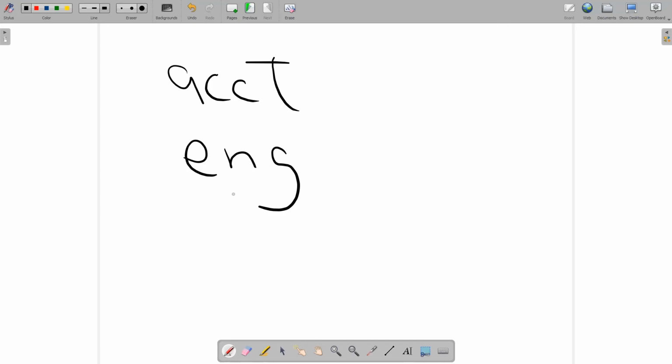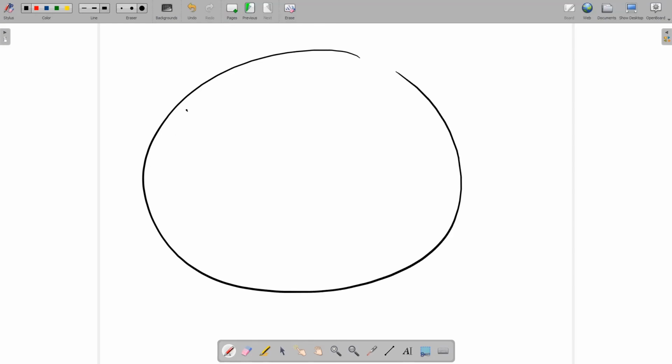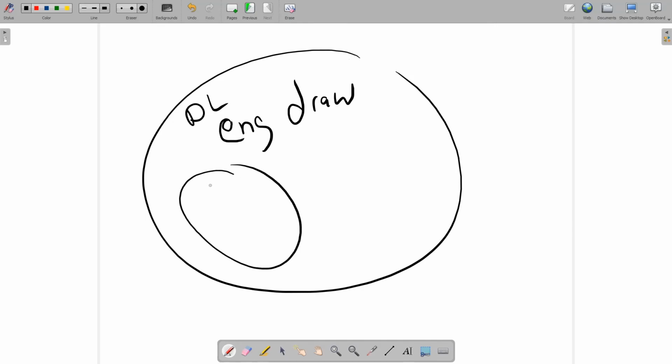A lot of times people in multiple departments may need access to the same thing. So for example, we've got a domain local group that has access to engineering drawings. Maybe everybody in the engineering group needs access.